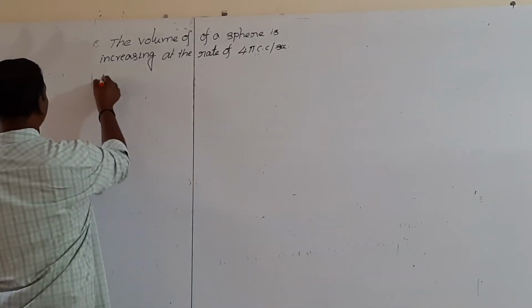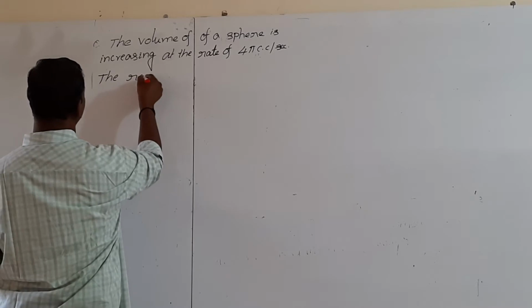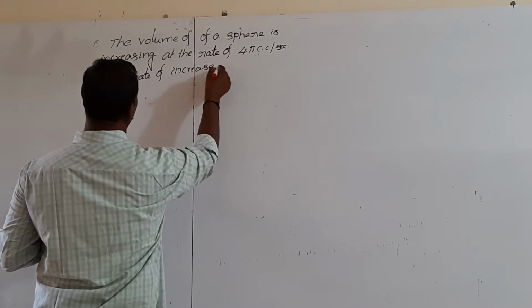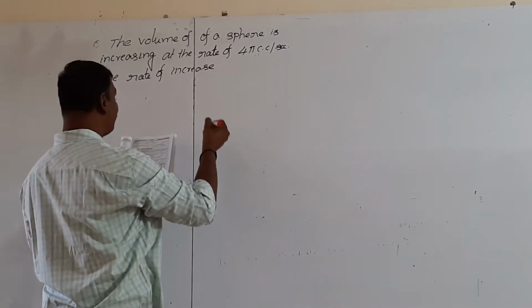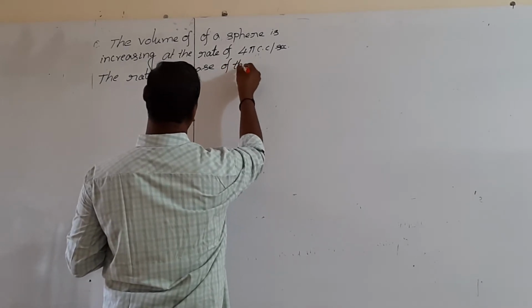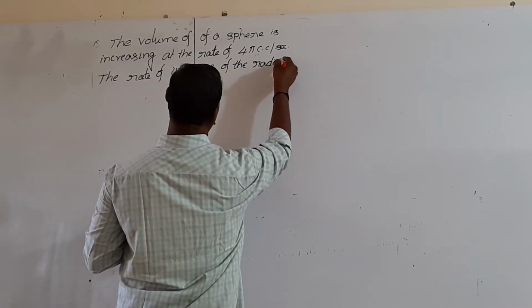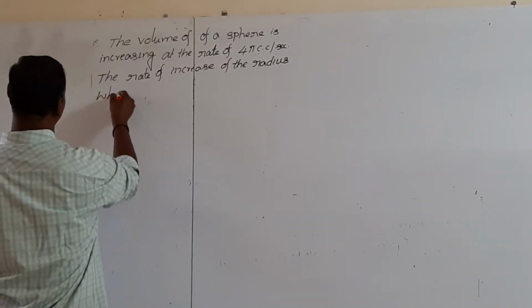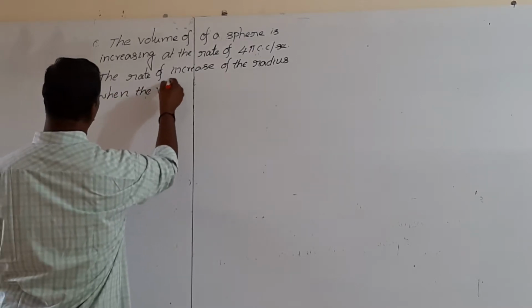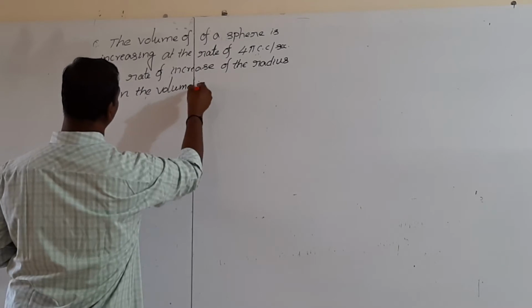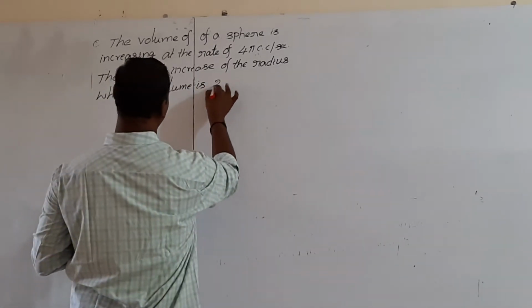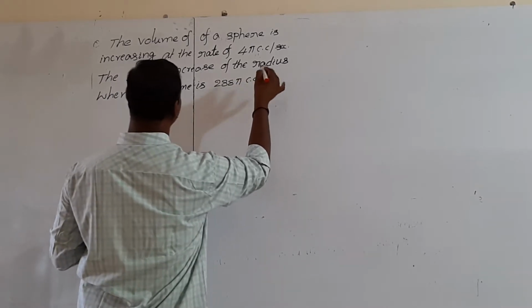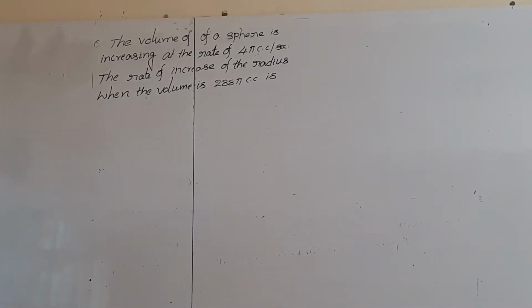The rate of increase of the radius when the volume is 288 pi cubic centimeter is? So this is the question.